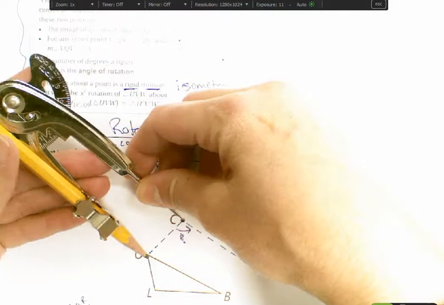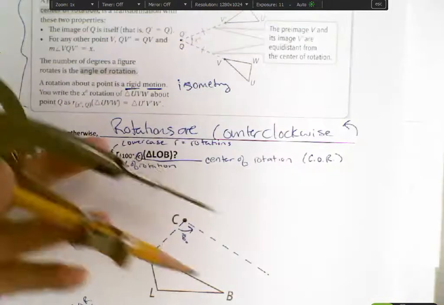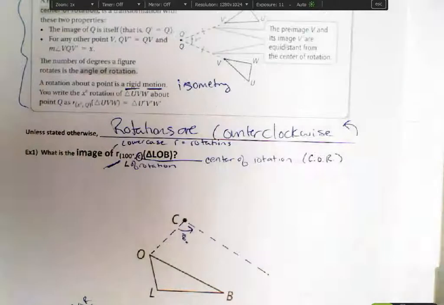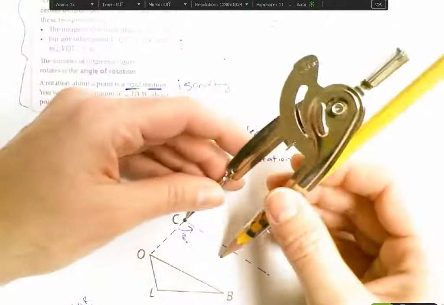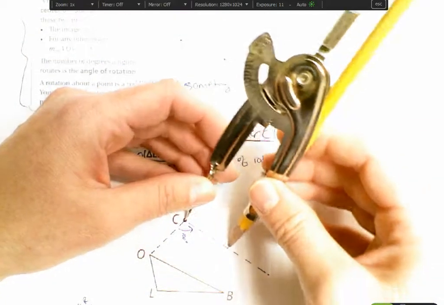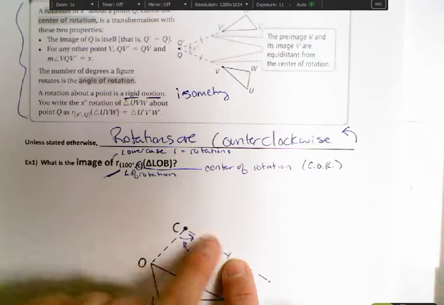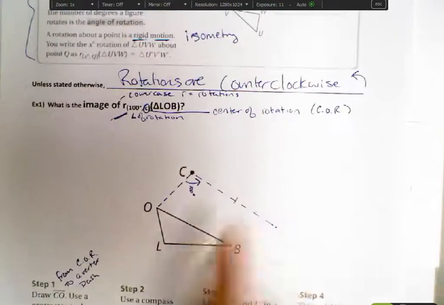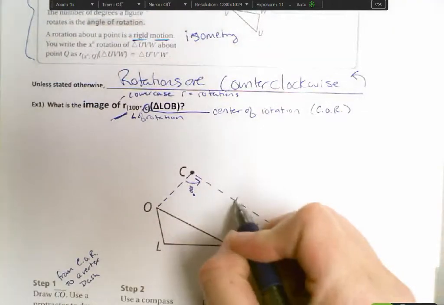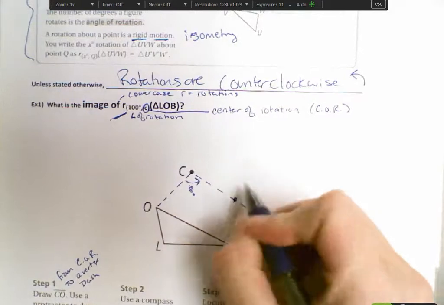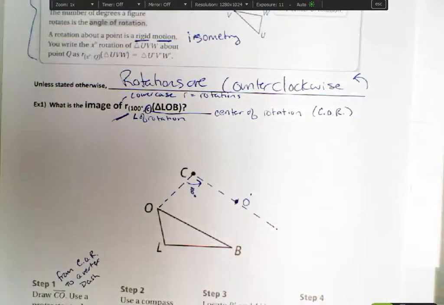So I know that the point O is this far away from the point of rotation. So that means I can go over here and make a little mark on my new line that's going to tell me where the point is, so that this distance is the same as this distance. This crossing over point is my O prime.